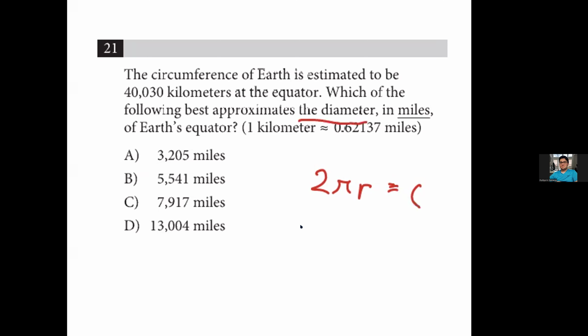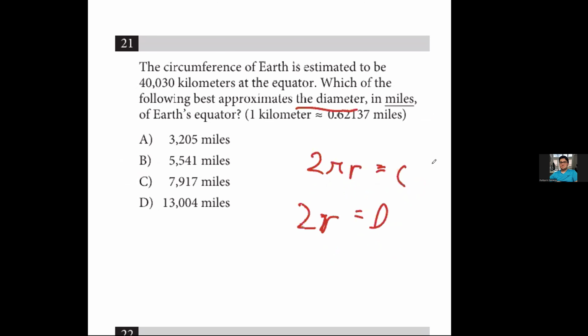So diameter is just 2 times the radius. So basically all we have to do to find the diameter is to take the circumference and divide by pi. So just take 40,030 and then divide by pi.